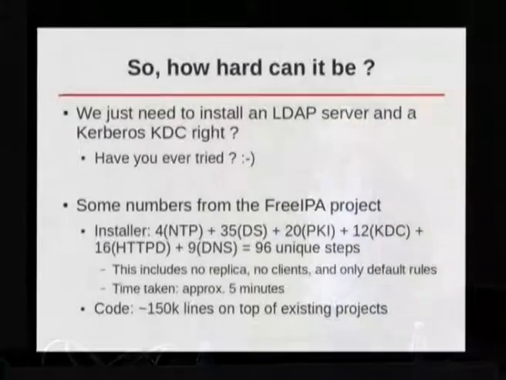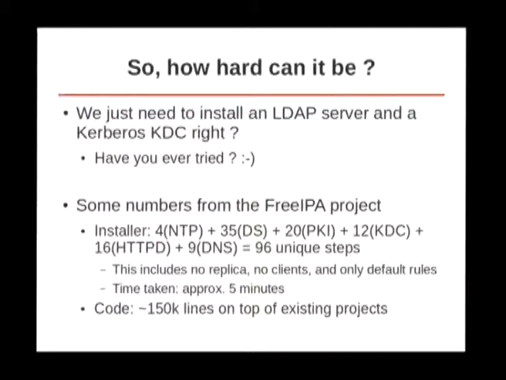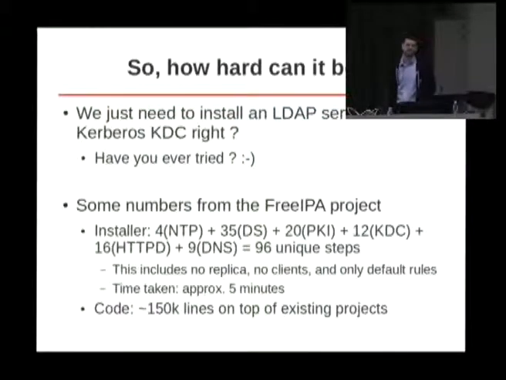Making mistakes when you have to do almost 100 different steps to build a system is very easy. In many cases, not only will you waste a lot of time, you may not notice that you forgot something critical. In the FreeIPA project, all these 96 steps take five minutes. That's also very important because admins don't have time to babysit stuff for too long.